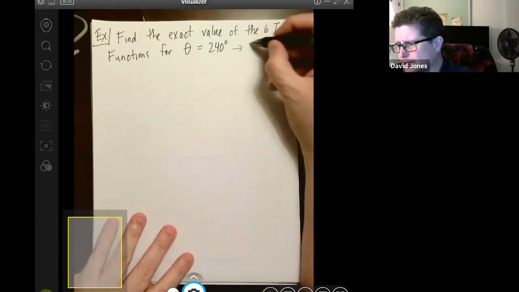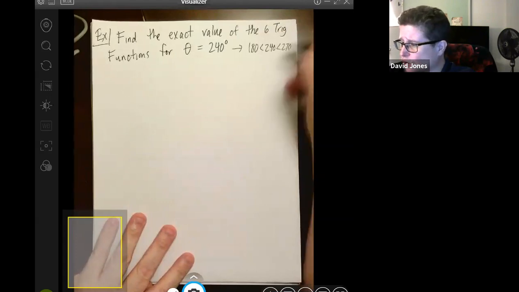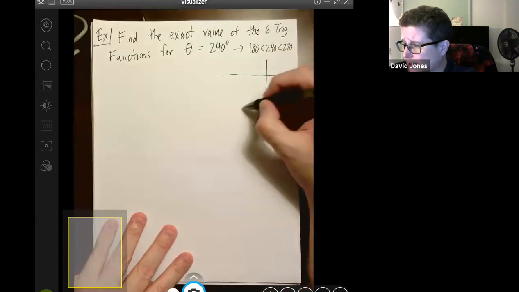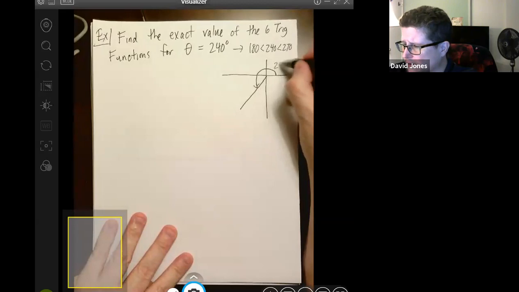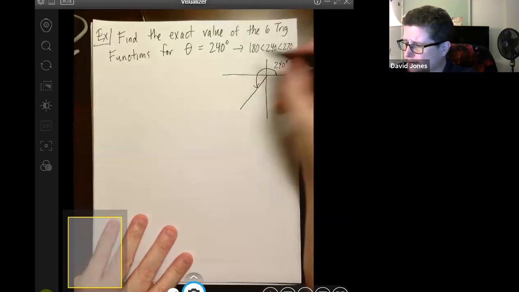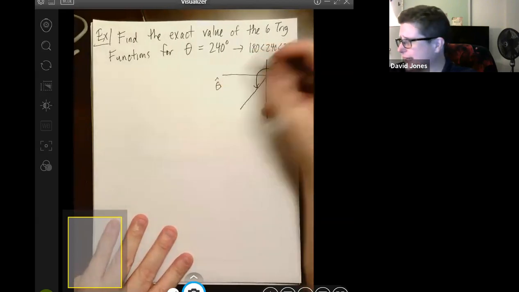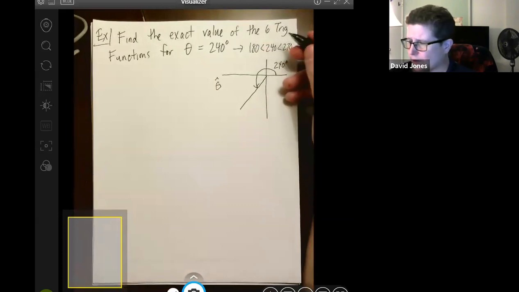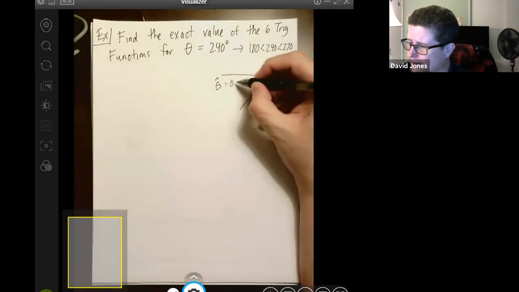240 degrees is between 180 and 270, which means it's in quadrant 3. Theta hat. What is theta hat in quadrant 3? It's theta minus 180.